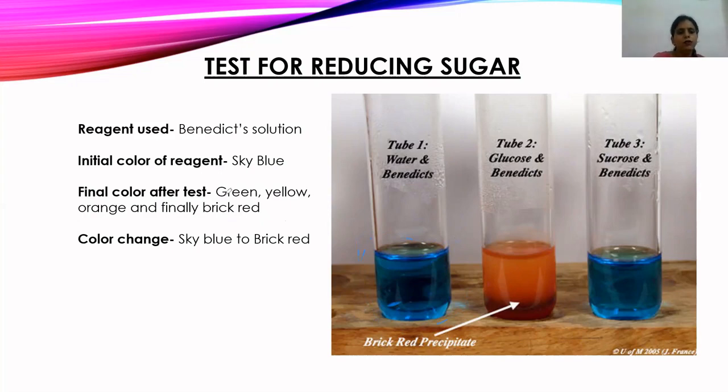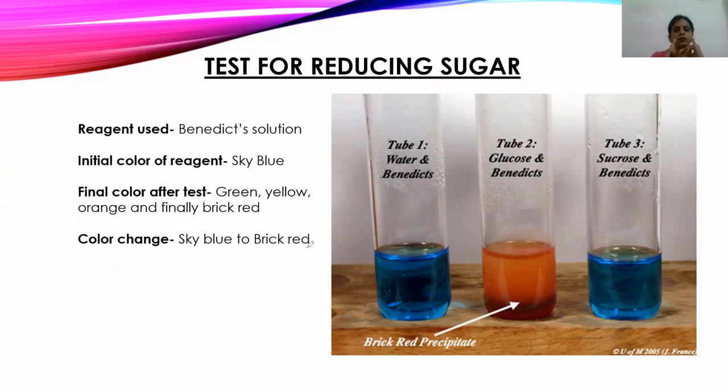If the amount of reducing sugar is very less, or just a traceable amount is present, it will be green. And if a very high amount of reducing sugar is present, you will get brick red. So what is the color change? Generally you can write in the exam, blue to brick red.